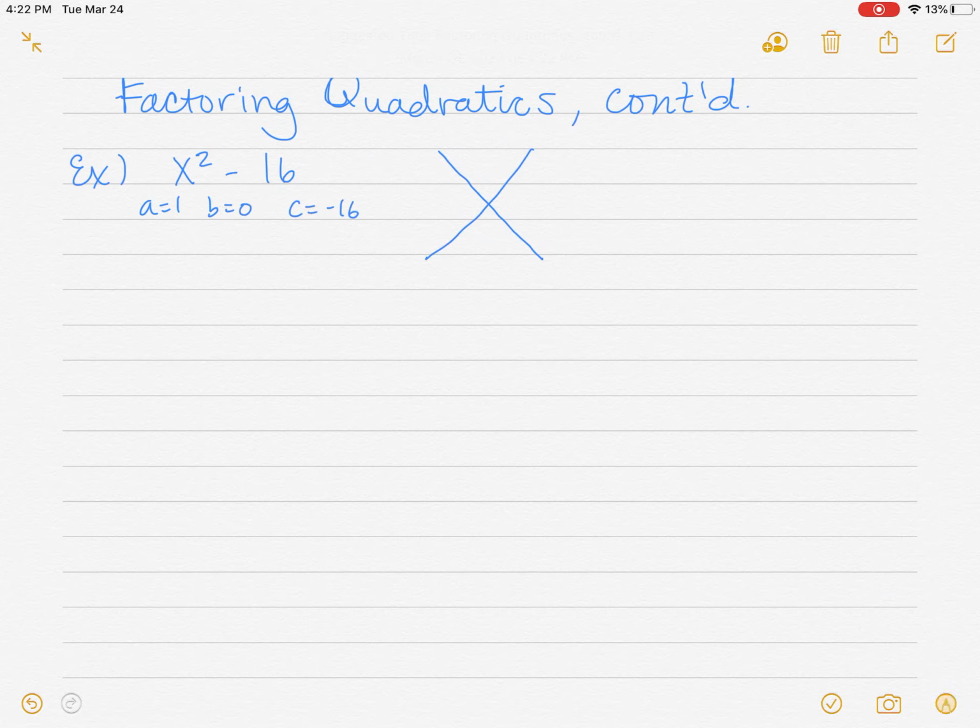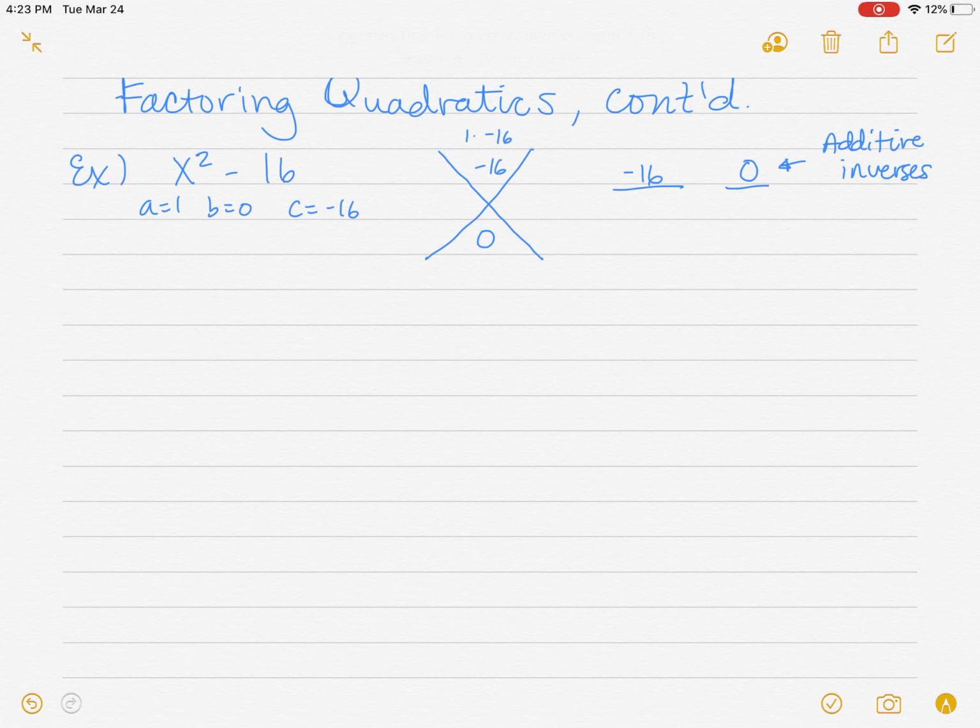If I multiply a times c, 1 times negative 16, I get negative 16. And I want factors of negative 16 that add to 0. Since the product is negative, one number has to be positive and one negative, and they have to zero out. If I'm adding two things together and they make zero, they're additive inverses.